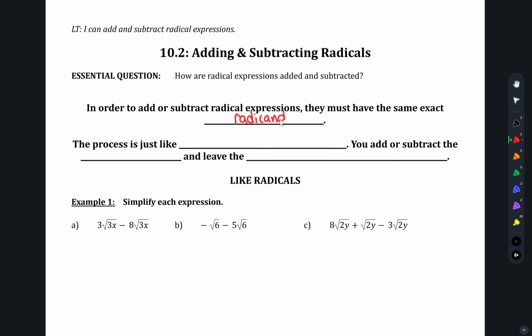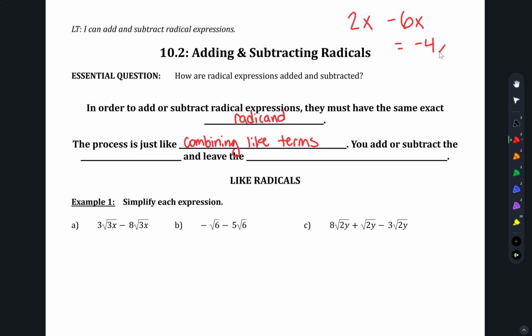This process is exactly like what we do with variables, called combining like terms. So I want us to think about if I were to combine two things with variables, like I'm going to write up at the top here. If I said 2x minus 6x, what would we write as our answer? Negative 4x.